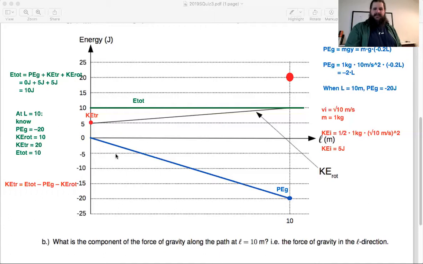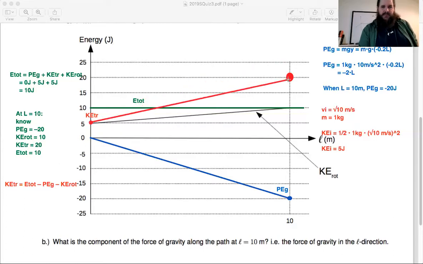And if you add functions that are straight lines together, the result will also be a linear function. And then if you just add a constant, all that does is shift it. So we should expect the kinetic energy graph to be a straight line because the other graphs that are combined to create it are also linear functions. So it is safe to assume here that this kinetic energy graph will be a linear function. And if you have 2 points, that's enough to define a straight line. So that should be our translational kinetic energy graph.